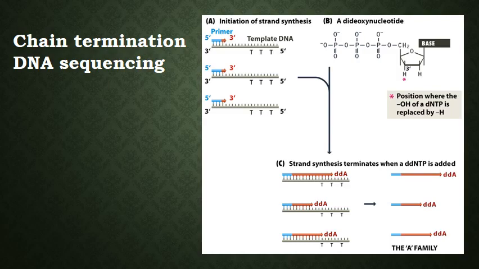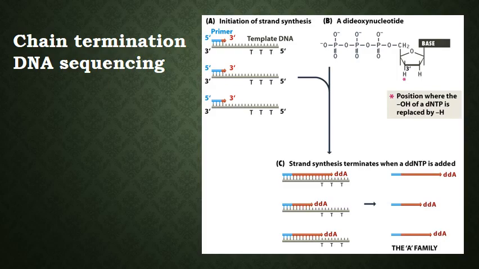The polymerase enzyme does not discriminate between deoxy and dideoxy nucleotides, but once incorporated, a dideoxynucleotide blocks further strand elongation because it lacks the 3' hydroxyl group needed to form a connection with the next nucleotide.